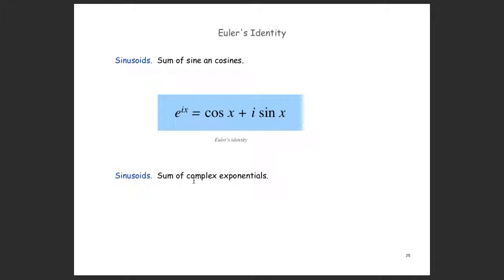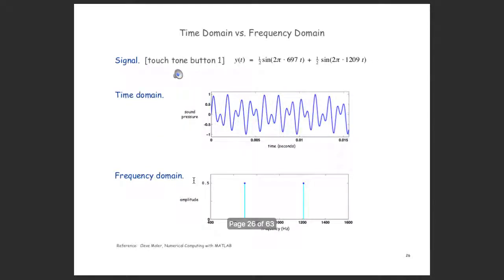Also by Euler's identity, your sine functions are a sum of sine and cosine, because e to the ix equals cosine of x plus i sine of x. So you can think of your sines as sums of complex exponentials.